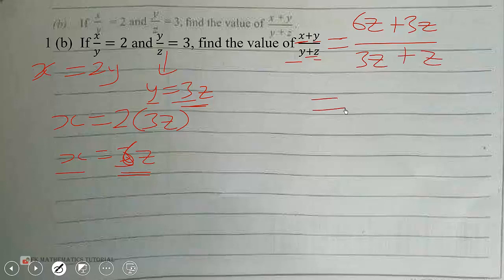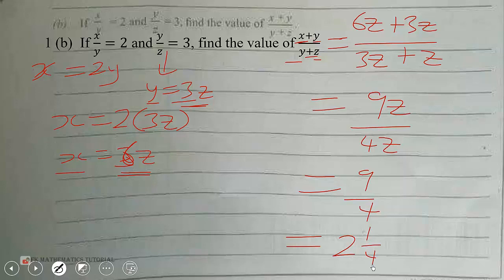So this will be equal to 9z over 4z, and this will give us 9 over 4, or 2 whole number 1 over 4. There are other ways you can do this, but I think this is okay for you to understand. So we can proceed to the next question.